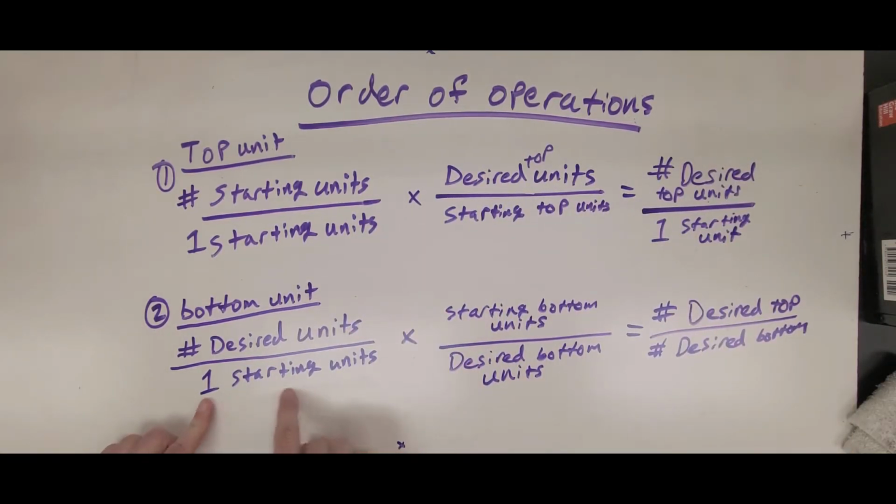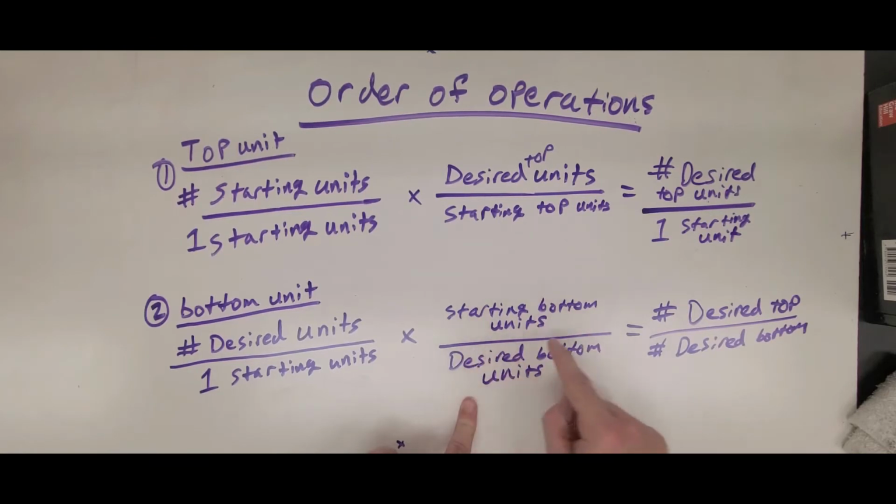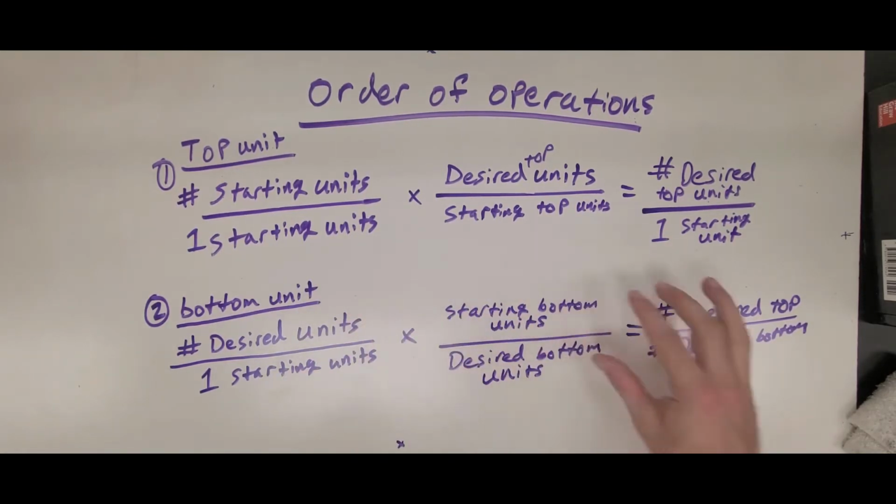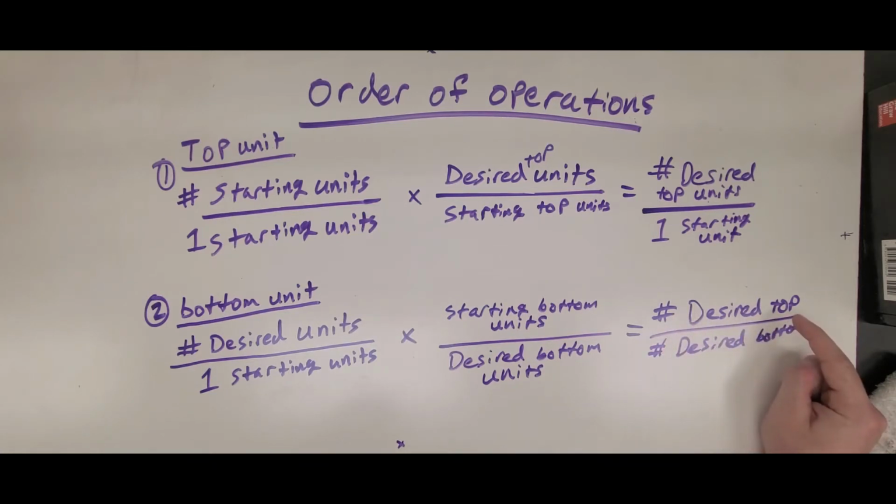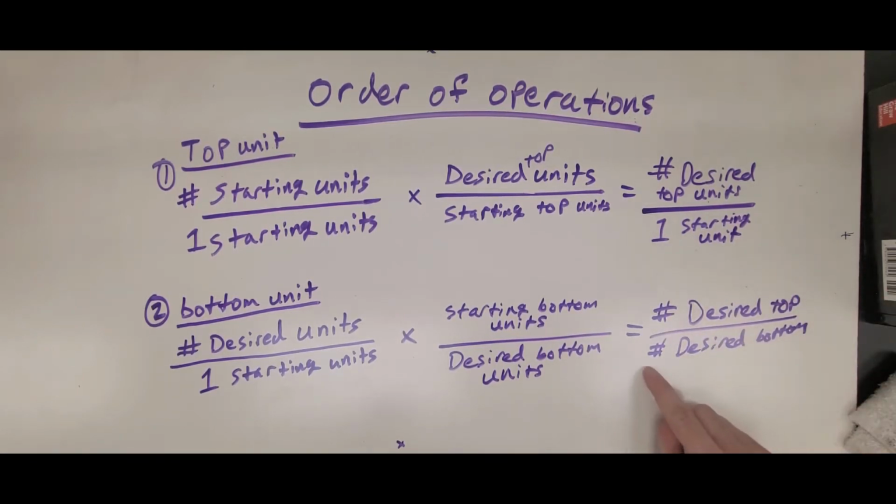To do that, we just take that starting unit, say if this was hours, we multiply it by our unit conversion factor of 1 hour over however many seconds are in an hour. And then when we do that, we get the total number of our desired units on top and the total number of desired units on the bottom. Then from there, we just simplify so that this number equals 1. And we just do that by going this number divided by that number.